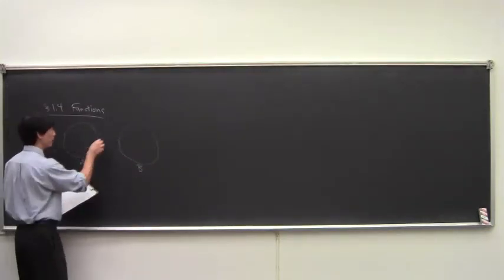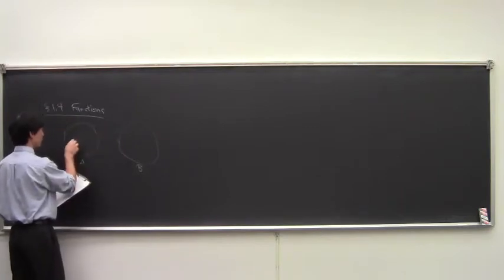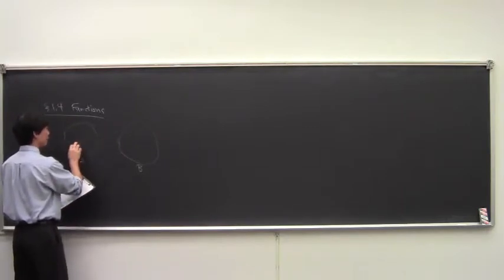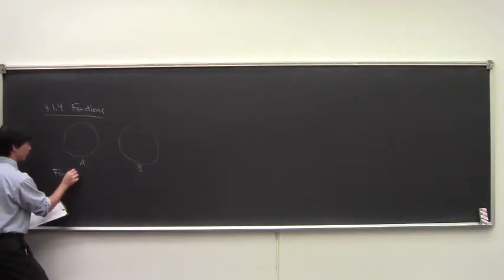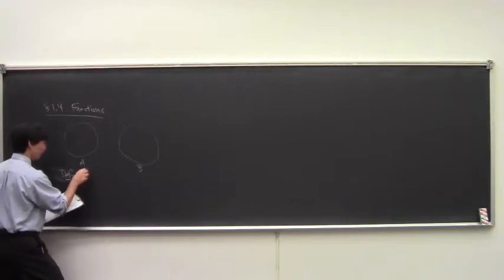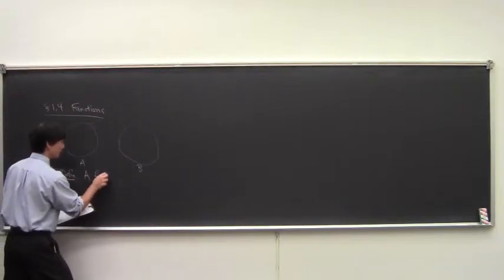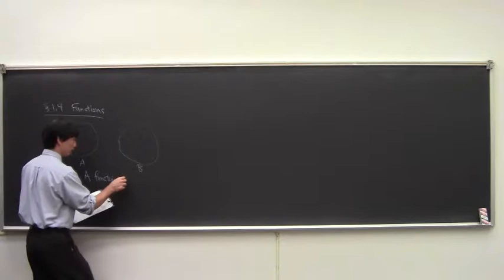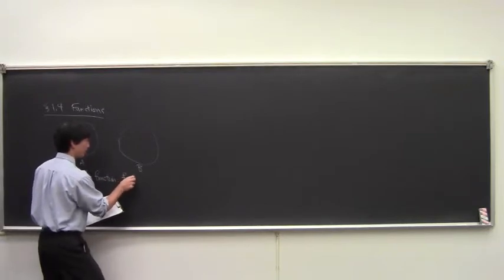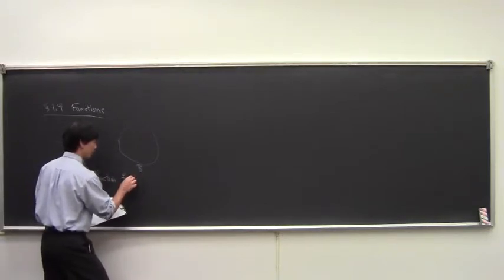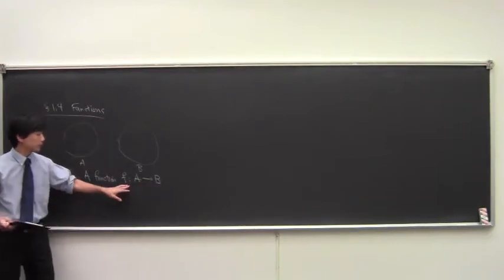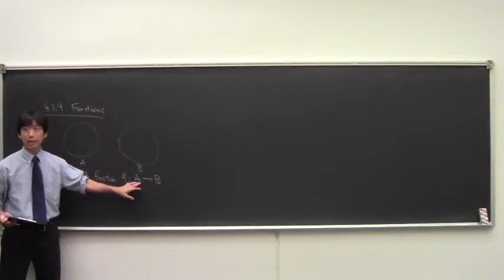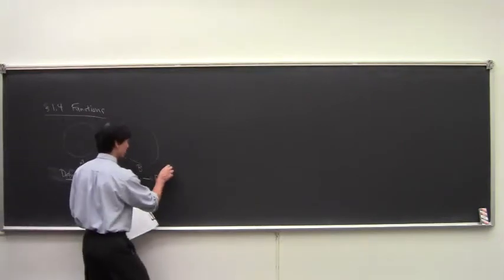Then you take a function, let me say like this, function f, maybe going from A to B. You read this as a function going from set A to set B.